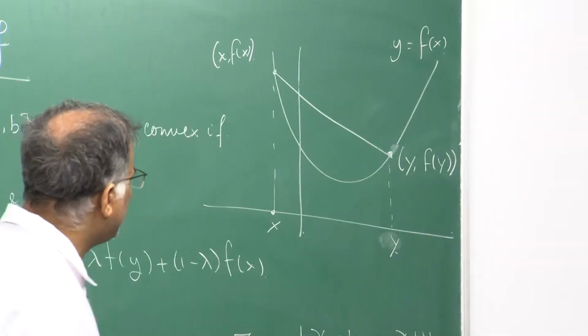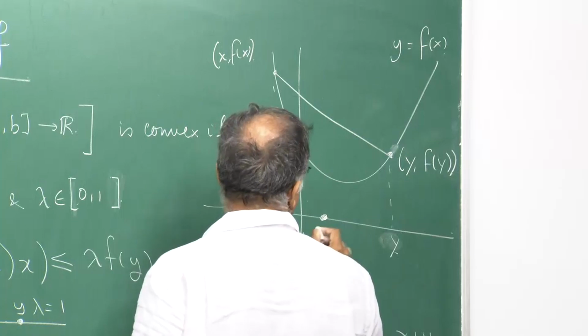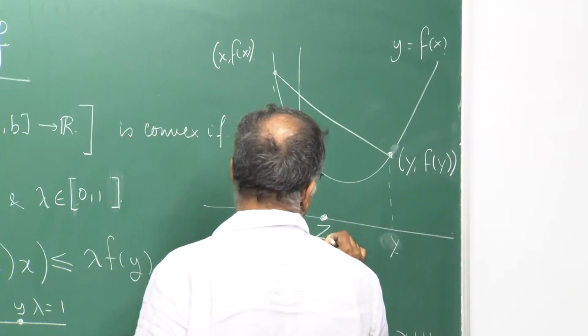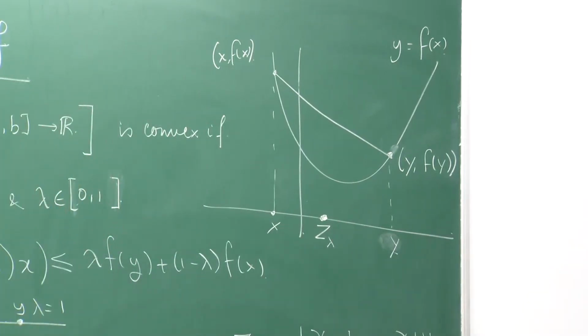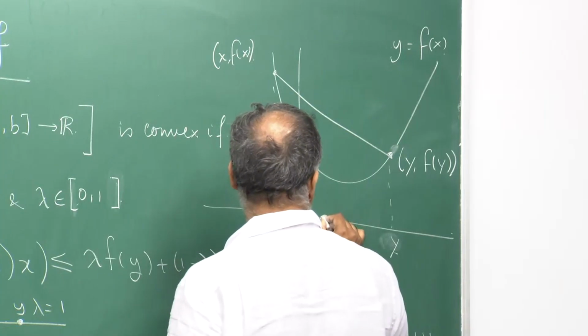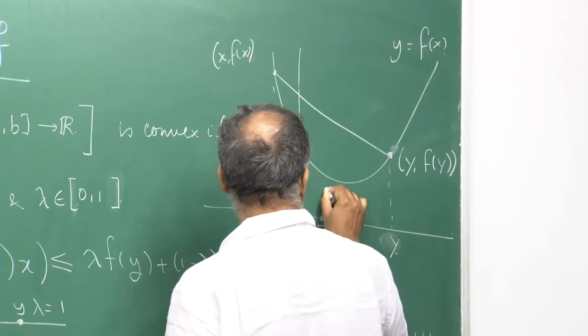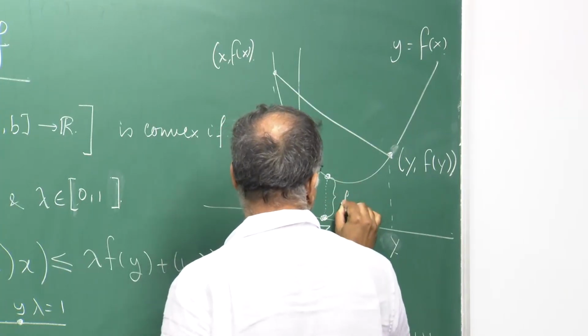Let me take some z lambda, that is lambda x plus 1 minus lambda y. This is the value of f of z lambda.